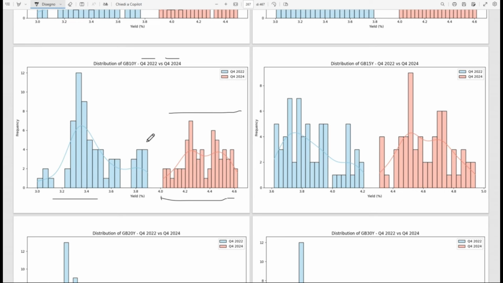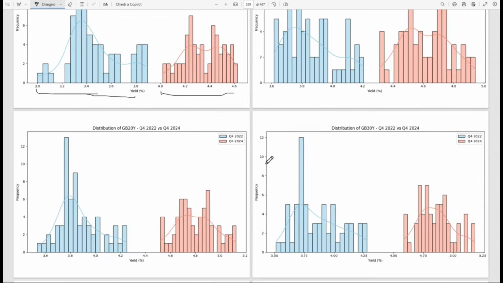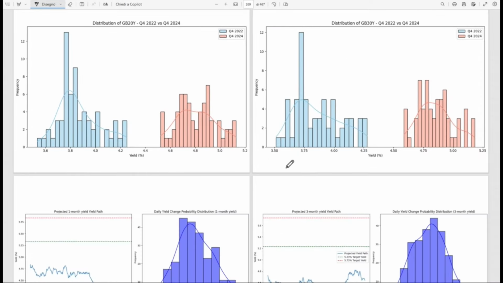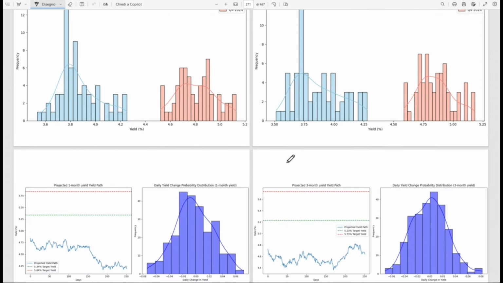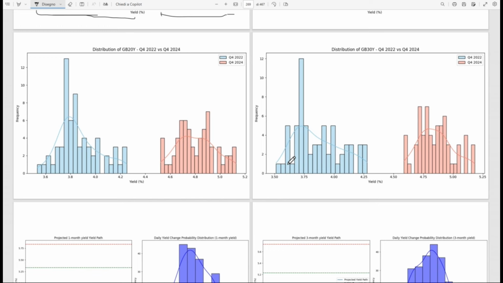The distribution of yield back in 2022 was from 3 to 3.8%. The cost of borrowing was much lower. Okay, so there are differences, and these things are correlated with one another.